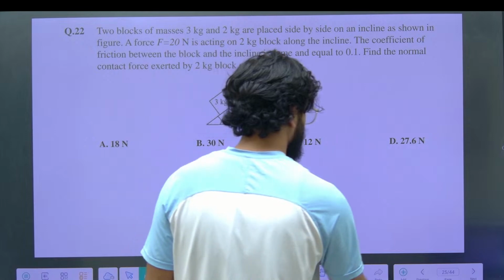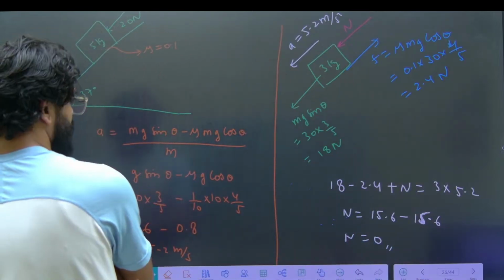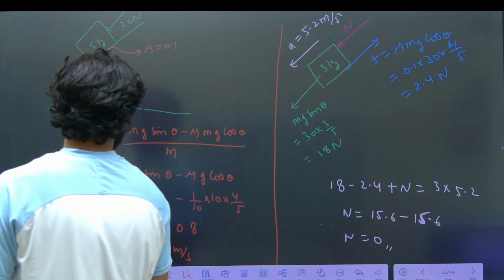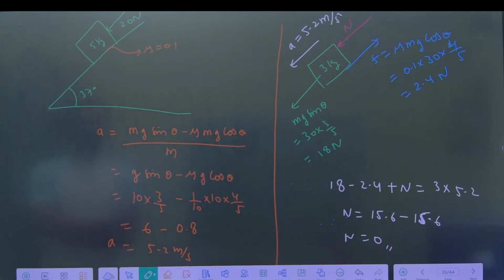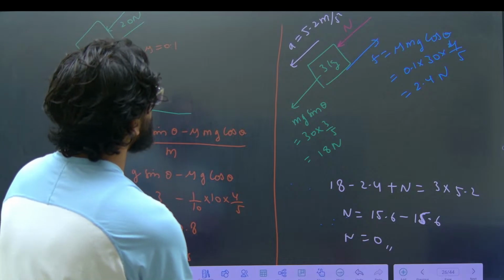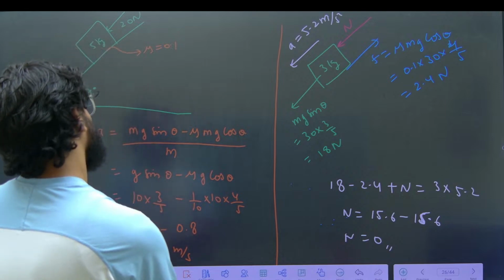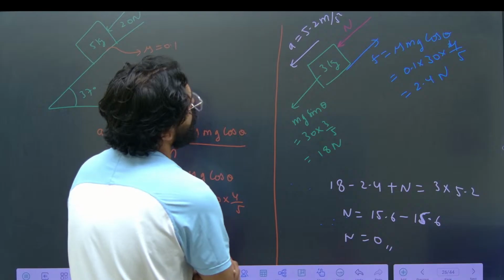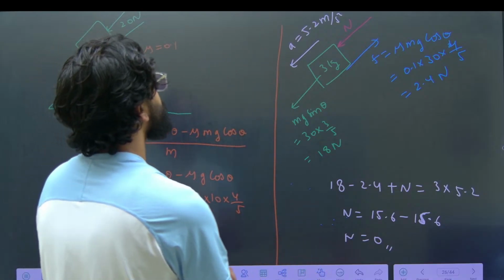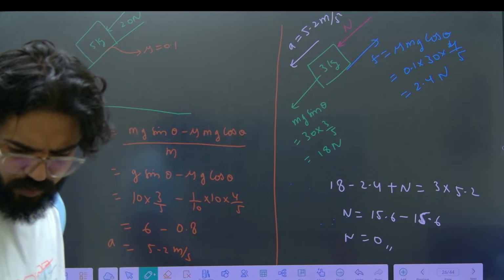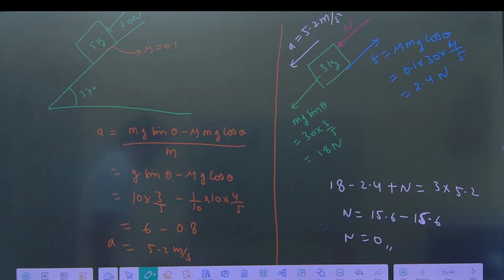Did I make some horrible mistake? Let's see. g sine theta, g cos theta, so 0.8, 5.2, clearly. 0.1 into 30 into 4 by 5, 2.4, 18, 18 minus 2.4 plus n equals 3 into 5.2, 15.6. Let me check it.